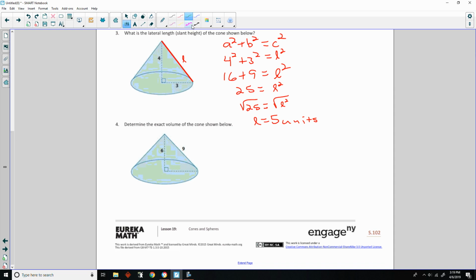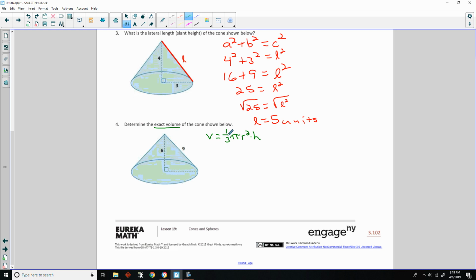Okay, number 4. Determine the exact volume of the cone shown below. So I need volume. So the first thing I do is write the formula for what I need. Volume equals, it is a cone, it is 1/3 pi r squared times the height.